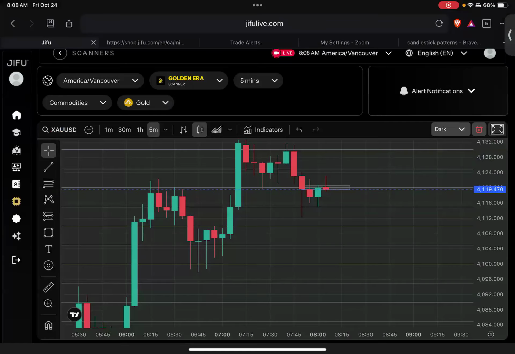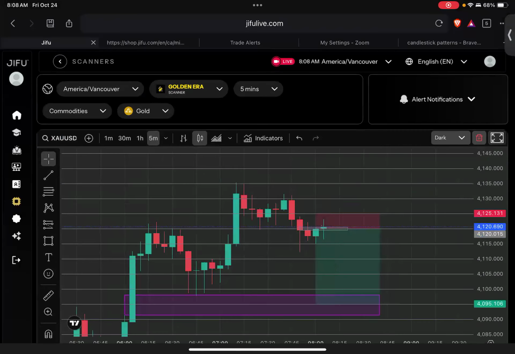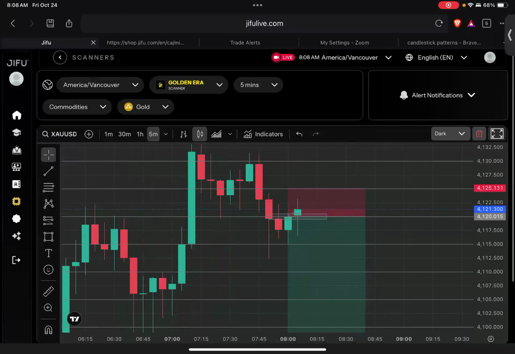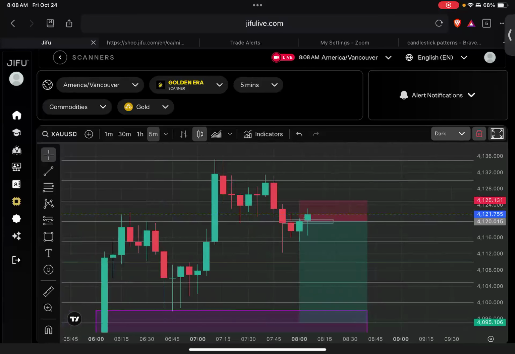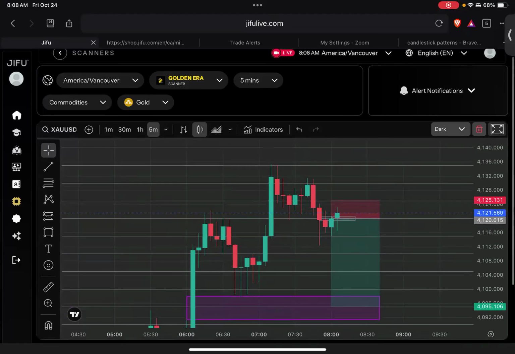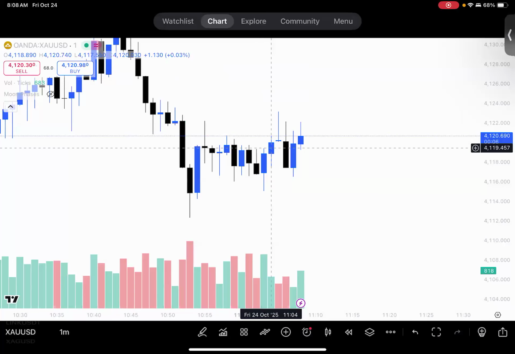What do we have here? This is starting to push higher now a little bit. Very interesting how this market's moving right now, but I still very much like this idea.